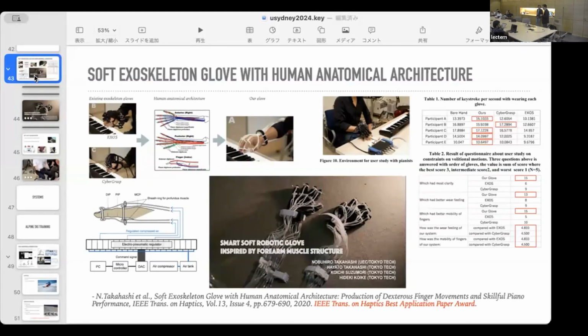He said this kind of haptic technology might affect not only their muscles but also their brains. So it might solve such issues. So we will keep working on these systems.